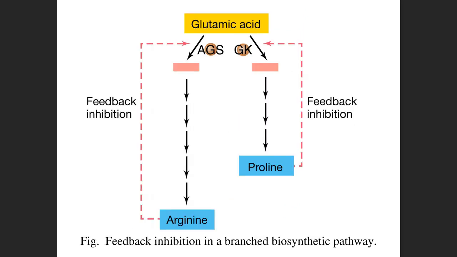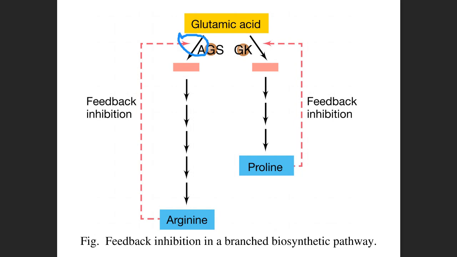So the real life example here is glutamic acid, which can be used to make arginine or proline. And then it's more sophisticated, because if you have too much arginine, you will only need to shut down this reaction.